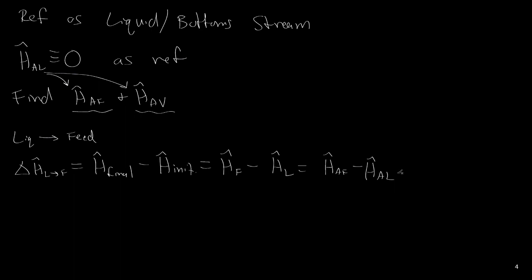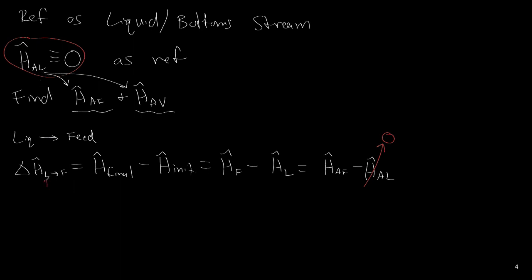The reason I like to work this way is since we have defined the specific enthalpy of A in the liquid stream, AL, as equal to 0, this term goes to 0.